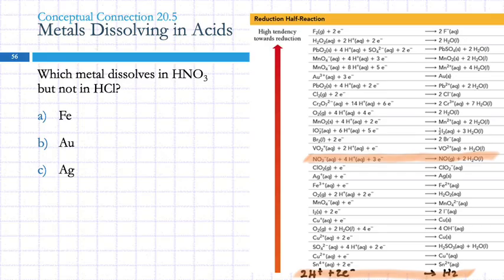So then let's look at where are iron, gold, and silver. Here's silver. And there's gold.